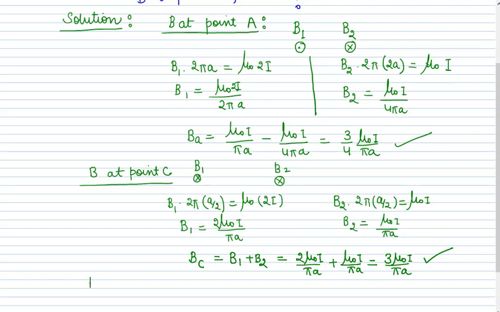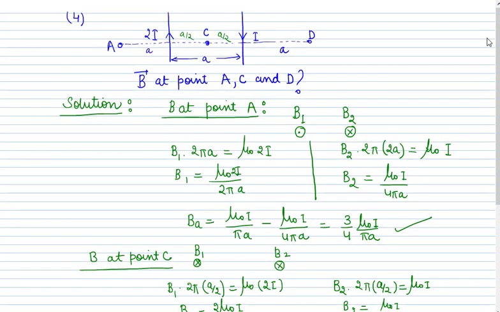The last is the magnetic field at point D. Now it is just a fraction of seconds you can solve. Yes, so if you move to point D, the distance from the first wire is A plus A, so it is 2A.